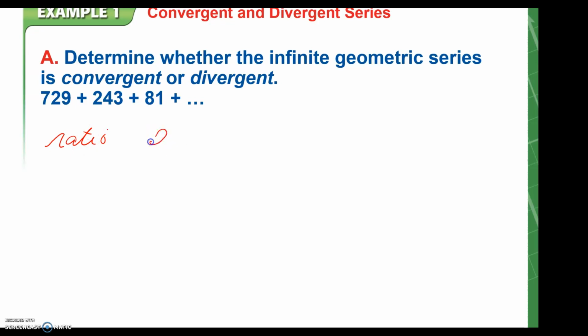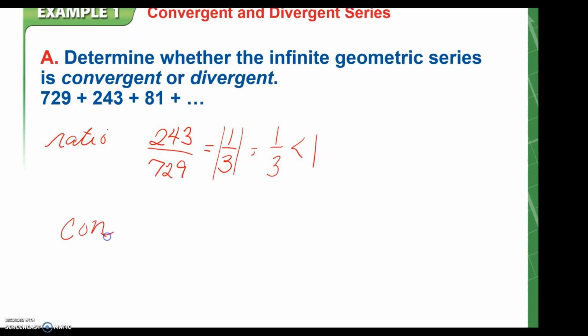So take 243 divided by 729 to find my ratio, and I get 1/3. And we see that the absolute value of 1/3 is 1/3, and it is less than 1. So this would be convergent.